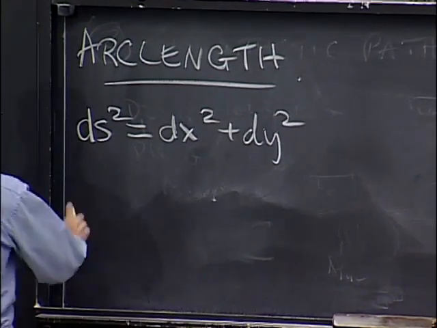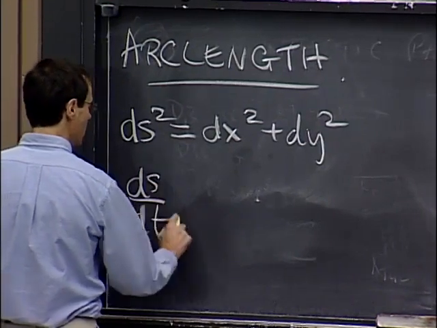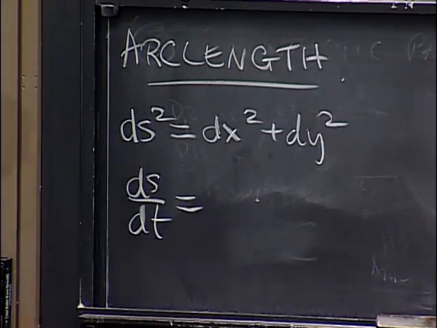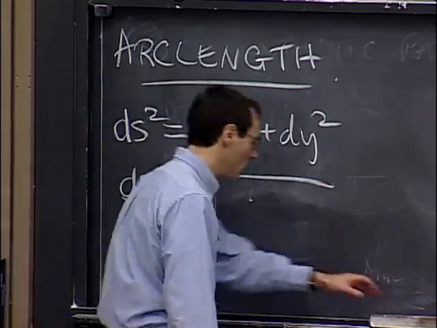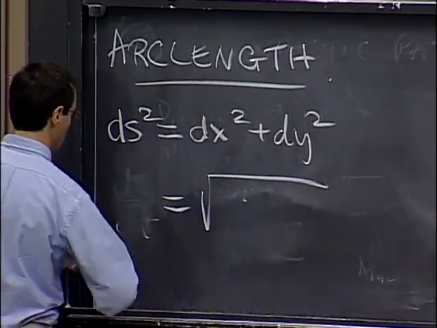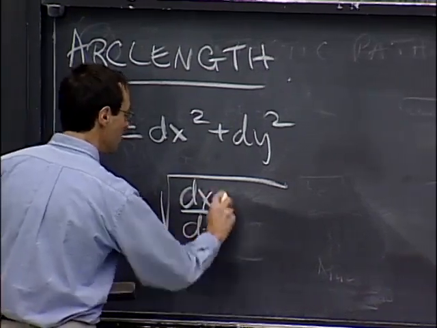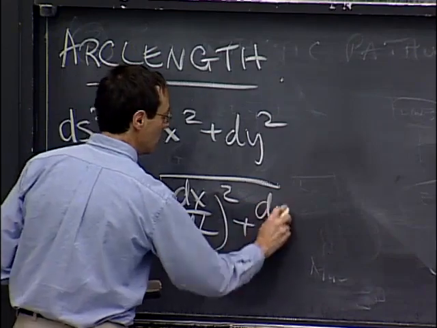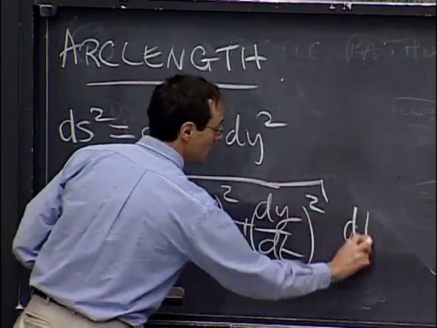And then I'm going to take the square root, divide by dt. So the rate of change with respect to t of s is going to be the square root. Well, maybe I'll write it without dividing. I'll just write it as ds. So this would be the square root of the quantity dx dt squared, plus dy dt squared, times dt.